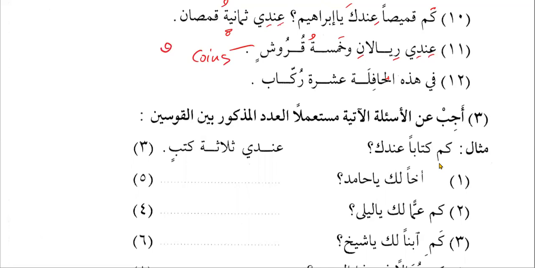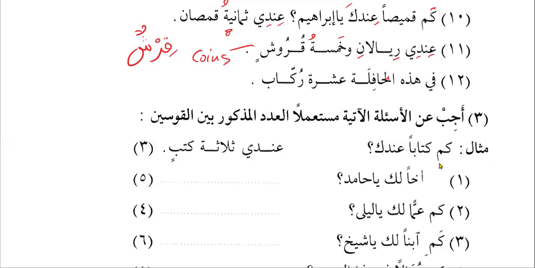So قروش is the plural and the singular we would say قرش, which means coin. So عندي ريالان, I have 2 riyals و5 قروش and 5 coins. نعم قروش.